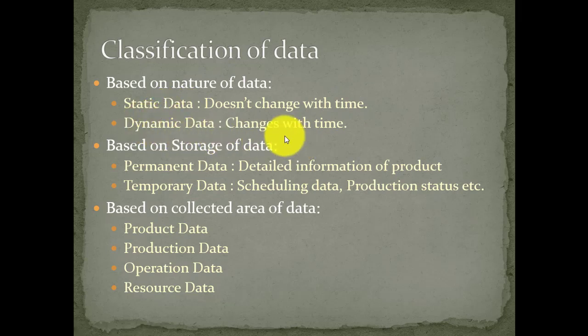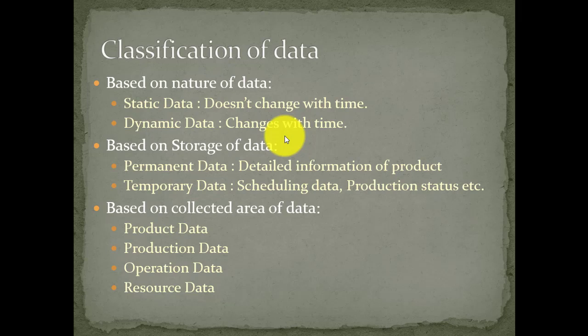So what is static data? I will give you some examples. For example, company's address, company's name, company's GST number, company's different references. These are not changing with time. Once you store this into the database, it will remain as long as the company is at that particular address, or the company is registered with the GST.